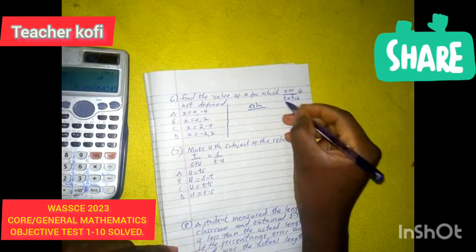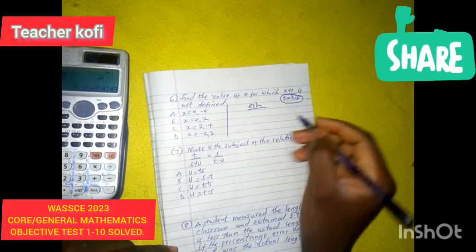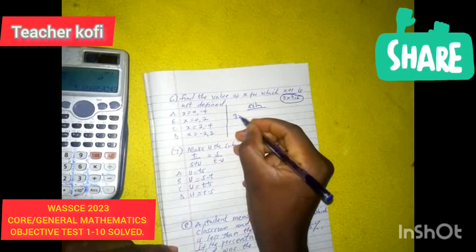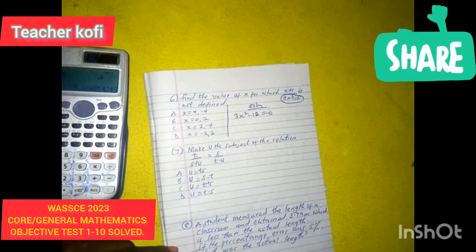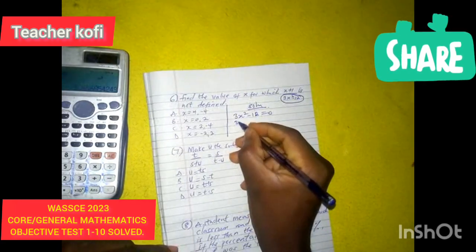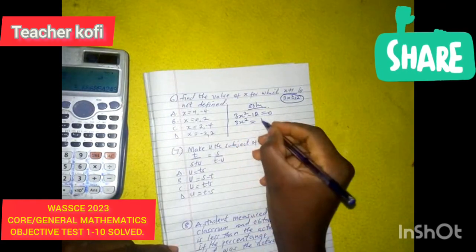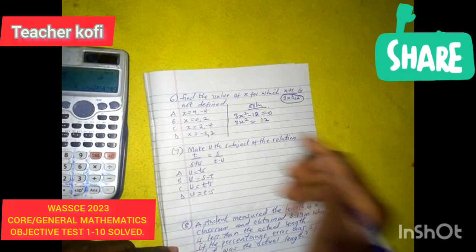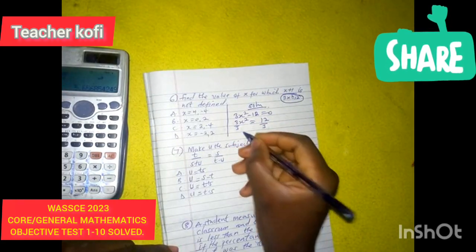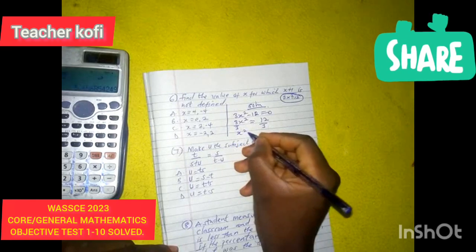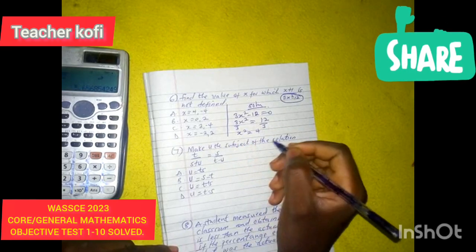So this one. It will be 3x squared minus 12 equal to 0. So 3x squared equal to 12. So we divide both sides by 3. So x squared equal to 4.